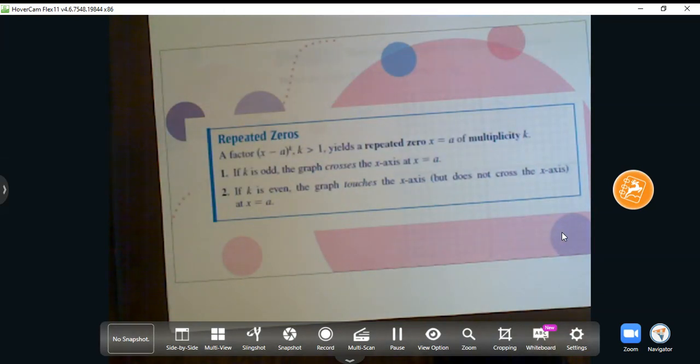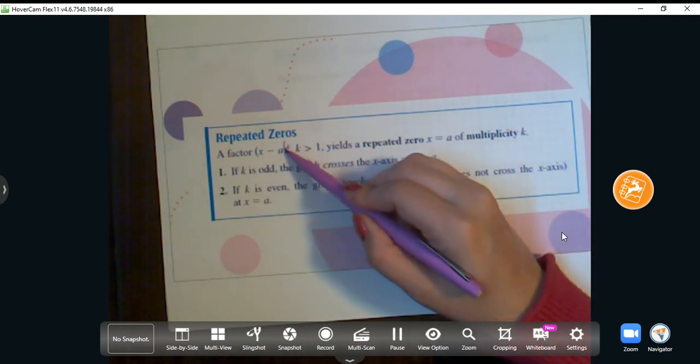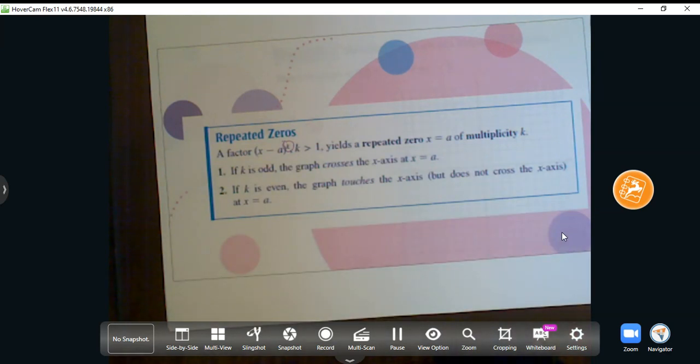All right, so like I said before, sometimes we have repeated zeros. And what that means for our graph is that it's going to do something a little bit different. So if a factor is repeated, and it has a multiplicity of k, k is just going to be whatever that exponent is.